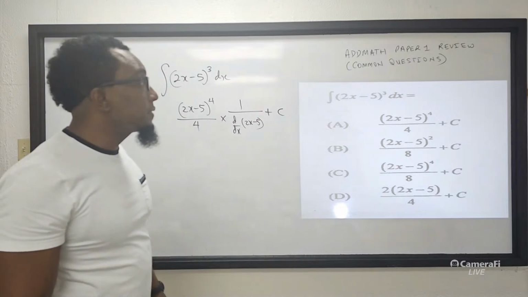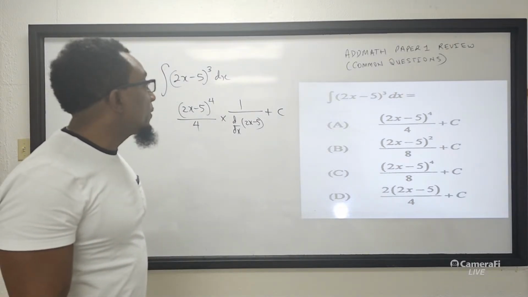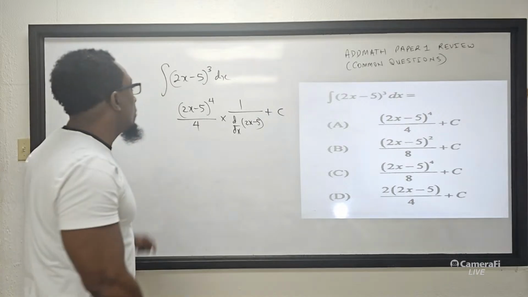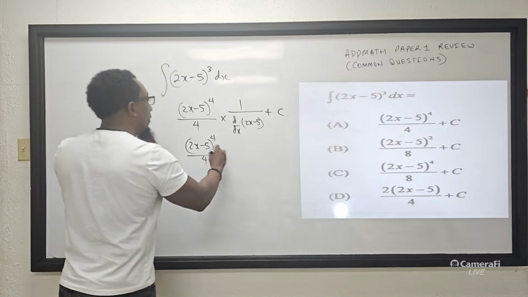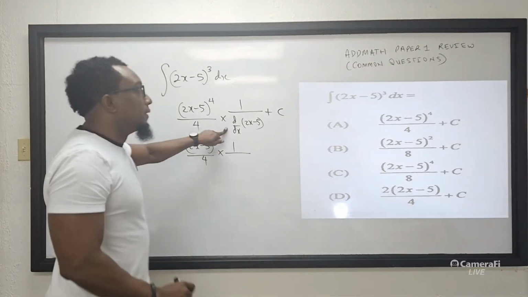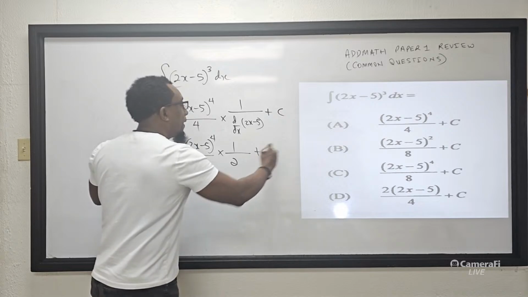Anytime you integrate it, it's the indefinite integral, no limits. So after we integrate, we must add c. So this becomes what? (2x minus 5) to the power 4 over 4 times 1 all over the differential of 2x minus 5, which is 2, plus c.